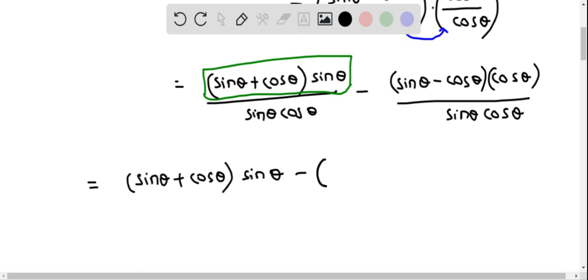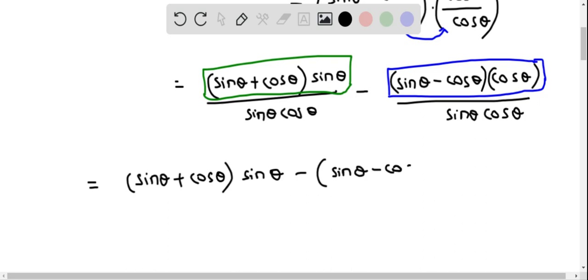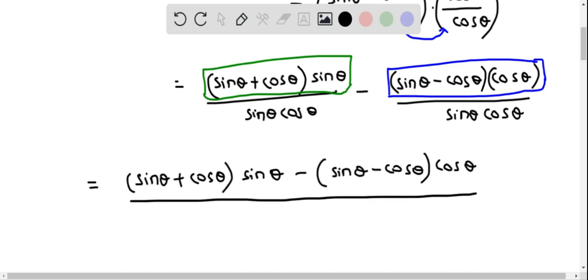Next we write down this expression, that is sin theta minus cos theta times cos theta, and this should be all over the common denominator, sin theta cos theta.